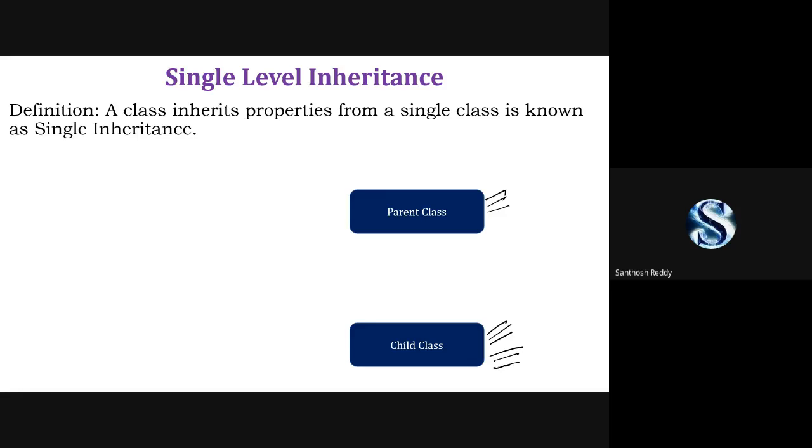Okay, now how to give a connection between the parent and child? If I want to extract parent class methods into the child class, there should be a connection between these two. How should I give a connection between these two classes? Extends keyword, sir. Yes, using a keyword called extends, we are going to give a connection between these two classes.